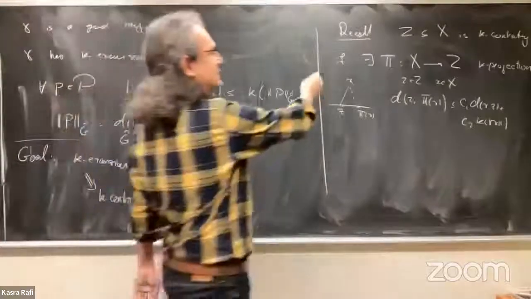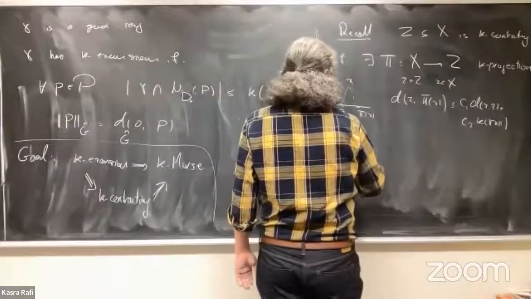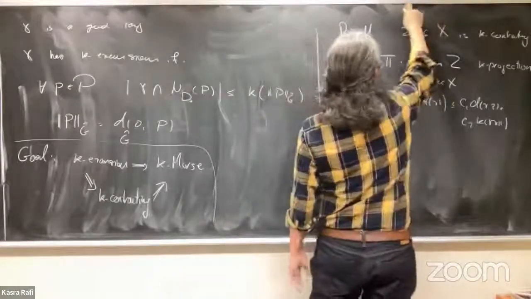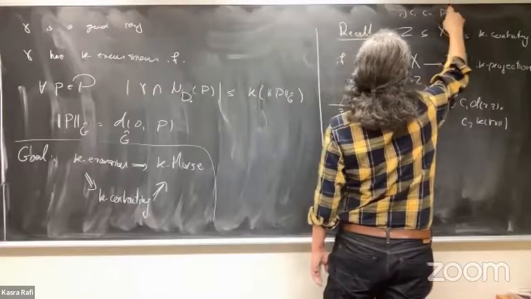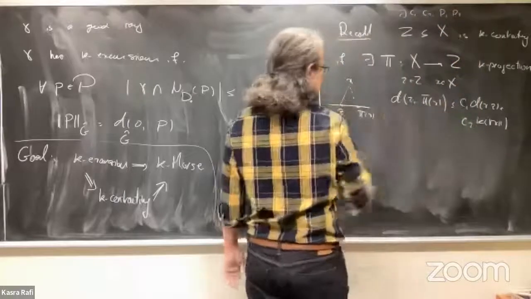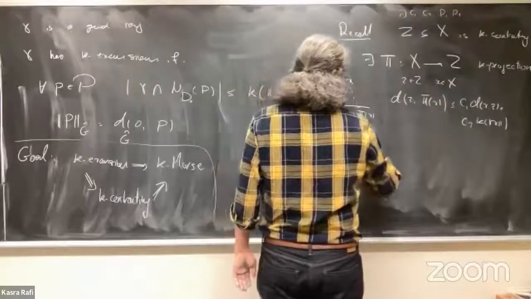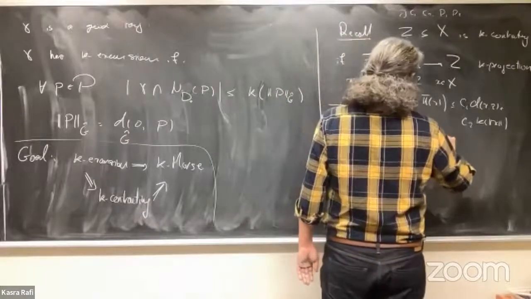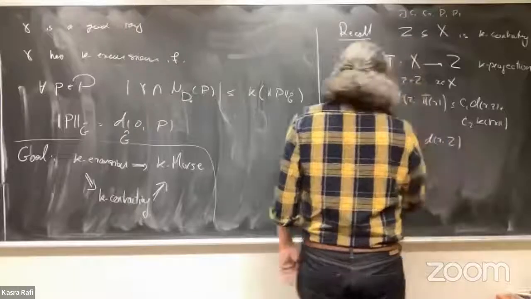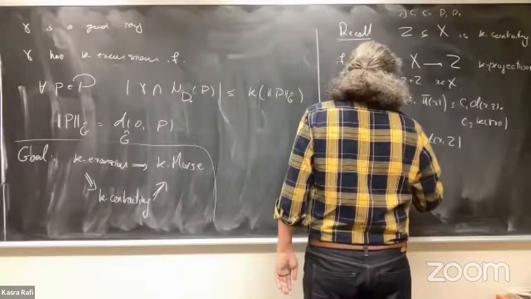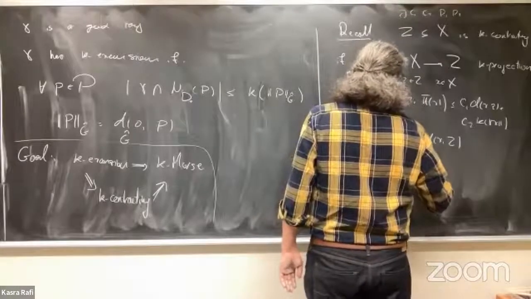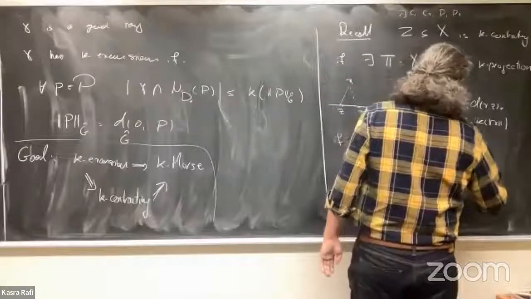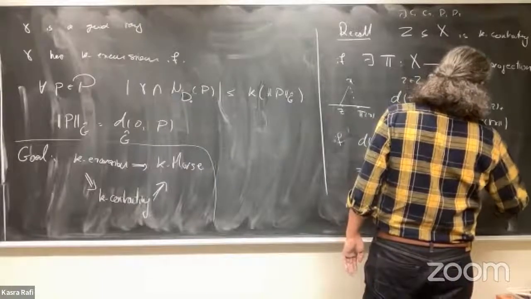So you need a kappa projection such that the following is true. There are C1, C2, D1, D2 such that if the distance between x and y is less than or equal to D1 times the distance between x and Z, then the distance between the projection of x and the projection of y is less than D2 times kappa of the norm of x.